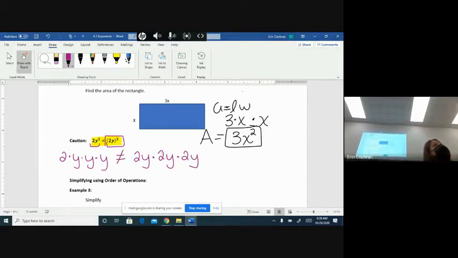Are those equal to each other? No, because 2 times y times y times y is just this 2y cubed. But what is 2y times 2y times 2y? 8y to the what power? Third power. So are those equal to each other? No. So make sure that, remember, that quantity is a huge difference in this. Okay.